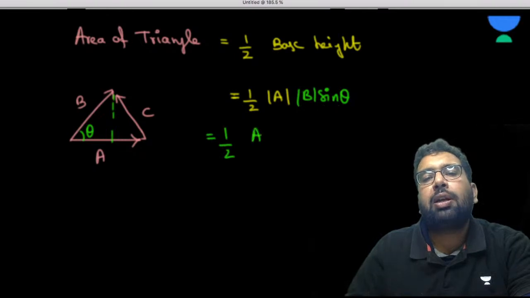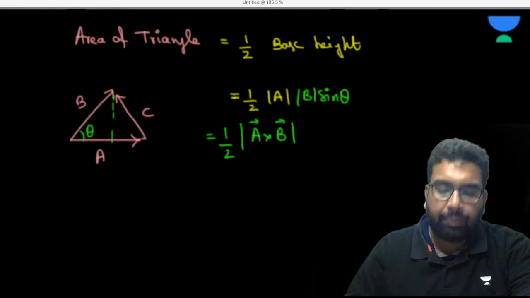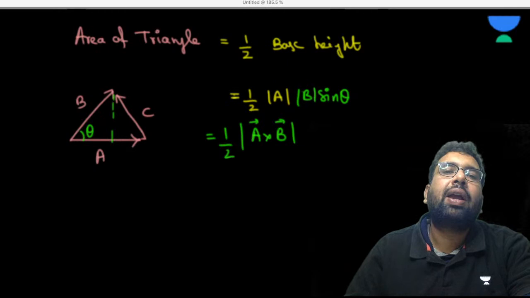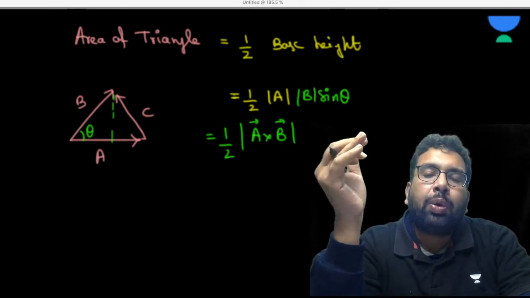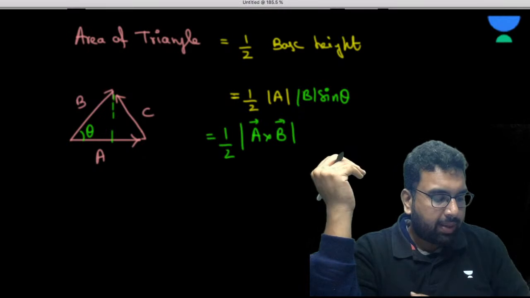This is nothing but the magnitude of A vector cross B vector. So if two vectors are forming a triangle, you can get the area by taking half of the magnitude of their cross product. Understood? Okay, so this is a useful concept.